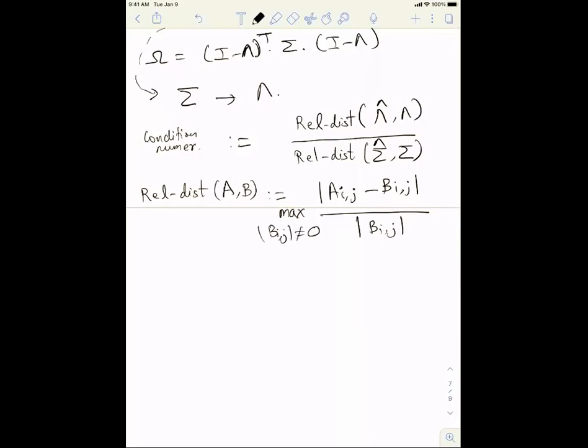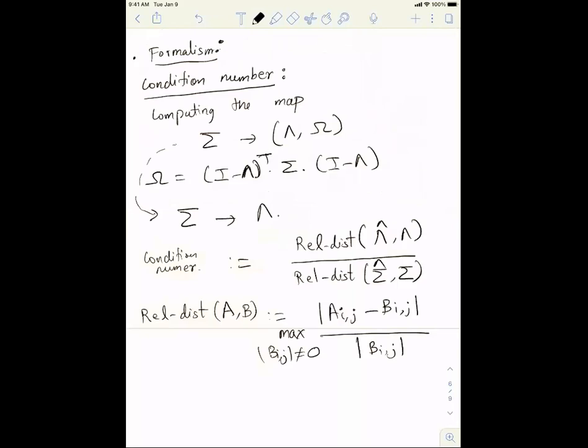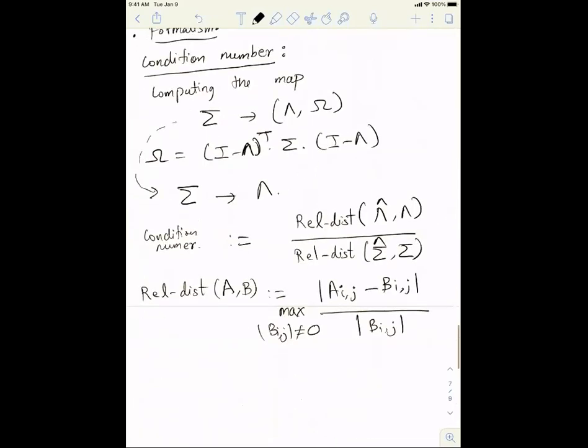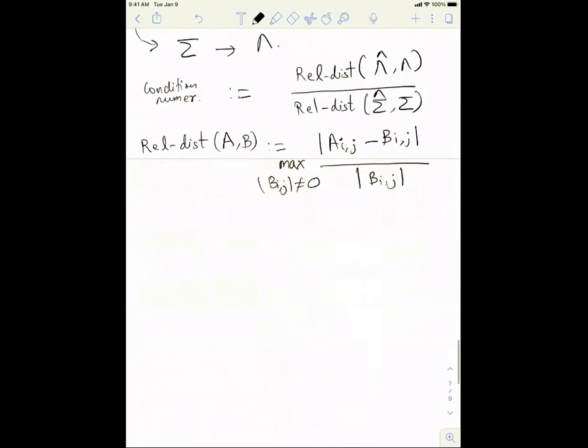So essentially, it's the maximum coordinate-wise distance between the two matrices, and we'll just normalize it by the value, so that if you scale both the matrices by some scalar, this relative distance shouldn't change.